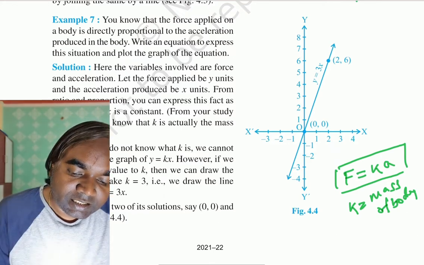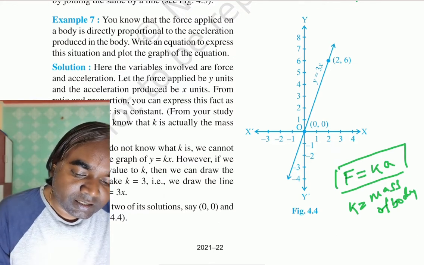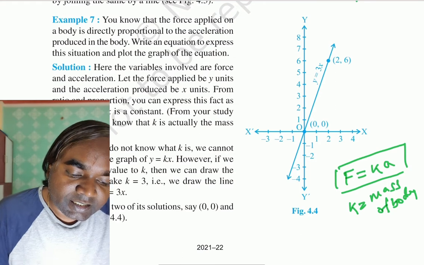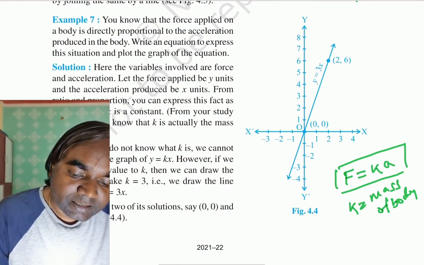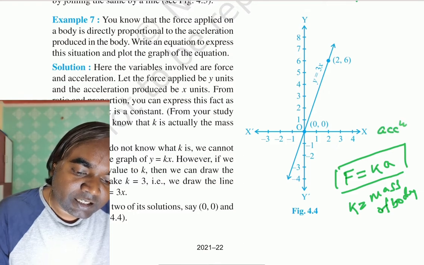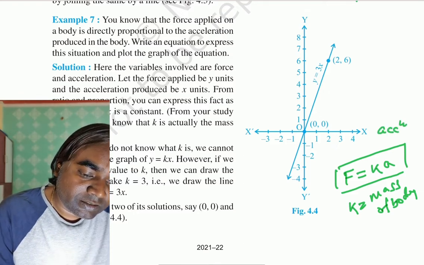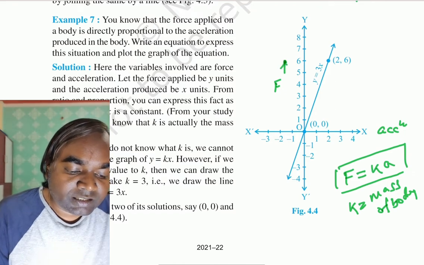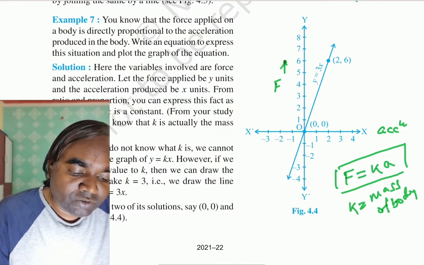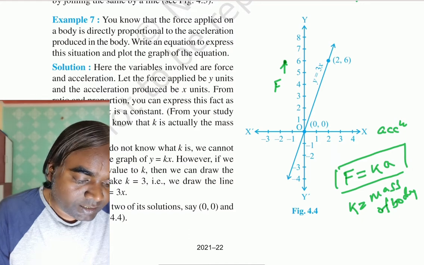So firstly, let acceleration be represented on the x-axis and force on the y-axis. We have to find the value for k.